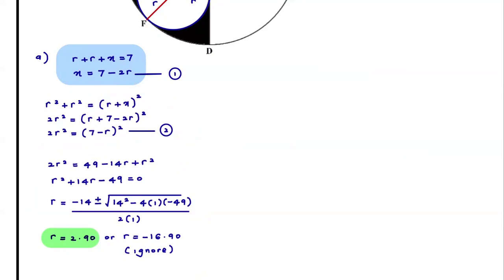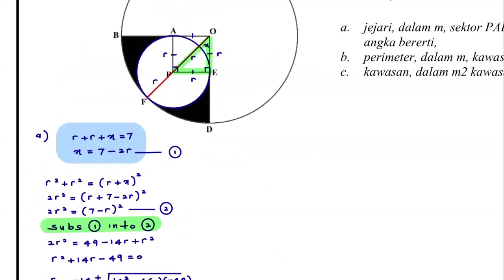Just substitute 1 into 2. Okay, got it guys? Listen. So this is your answer for your question A. Done, 2.90. That means the entire r is 2.90. Hope that you can understand, guys. Just go through again a few times.